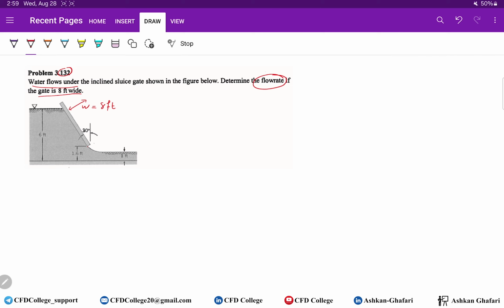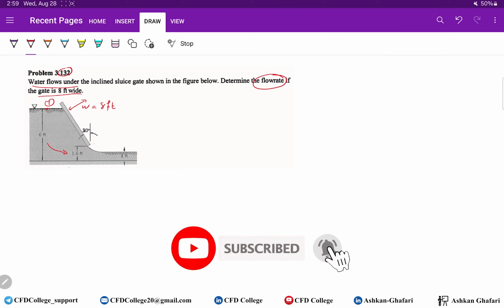So it's pretty simple. First things first, identifying the key points. So this is the flow direction. I mentioned that any interface, any free surface is one of our important points.